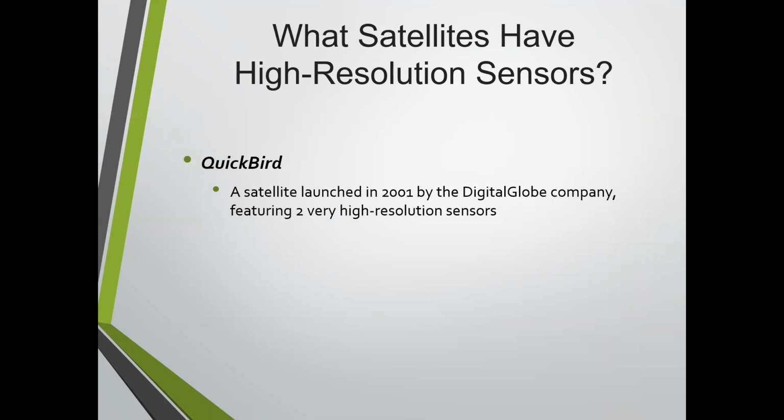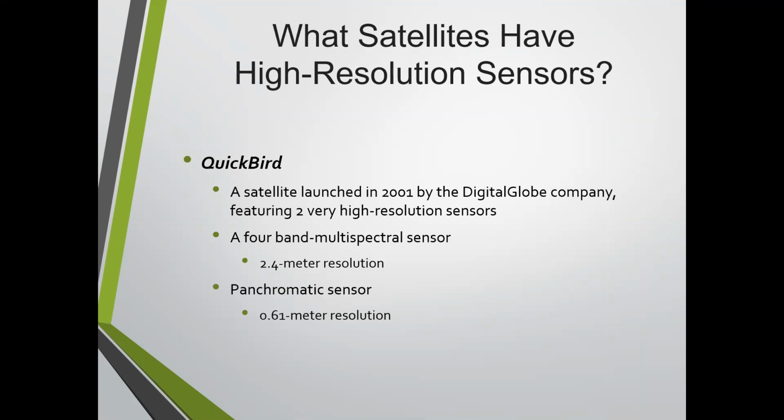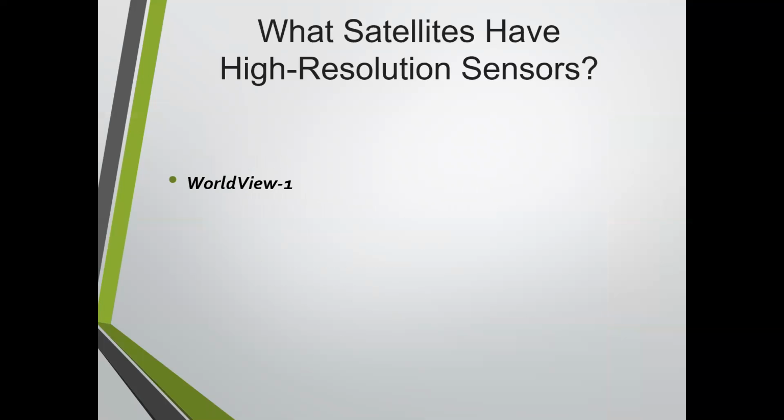QuickBird was launched in 2001. Digital Globe, two very high resolution sensors, a 4-band multispectral, 2.5 meter, 4 meter resolution. That's pretty crazy. Panchromatic was, look at that, 0.61 meter resolution. Again, very crisp, detailed image resolution.